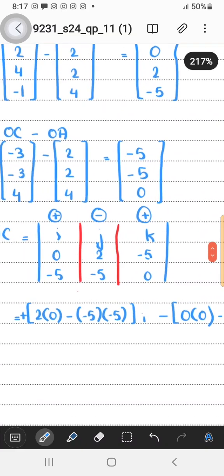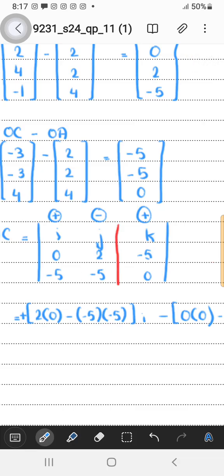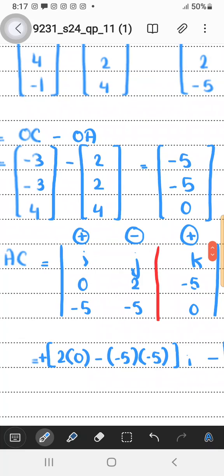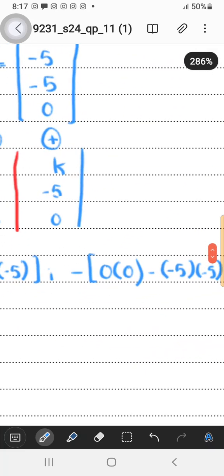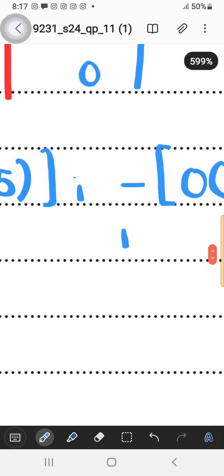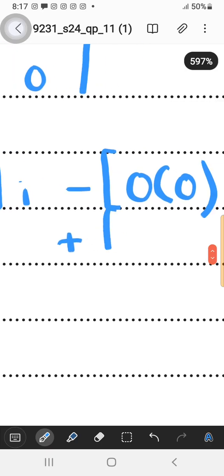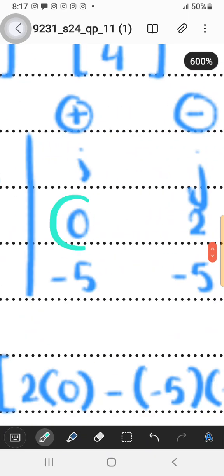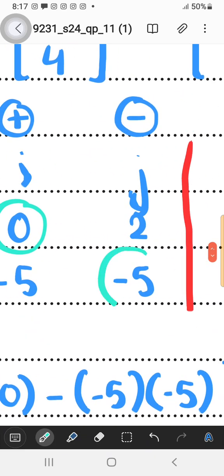Then we have to find out k. Now we will remove this borderline, and to separate the k, this borderline will remain the same. For k we will use plus sign, so I will write plus bracket open. For k we will multiply 0 with negative 5.